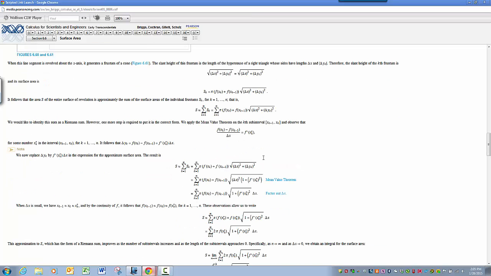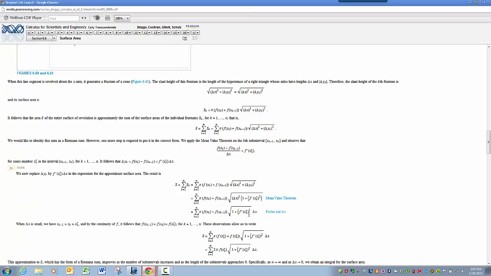At some point on that interval, the delta yk divided by the delta x is going to be equal to the slope. And so we can insert it into there. Again, if you're confused on this, go back and watch the video on the arc length, or the length along a curve. Okay, so we get this.